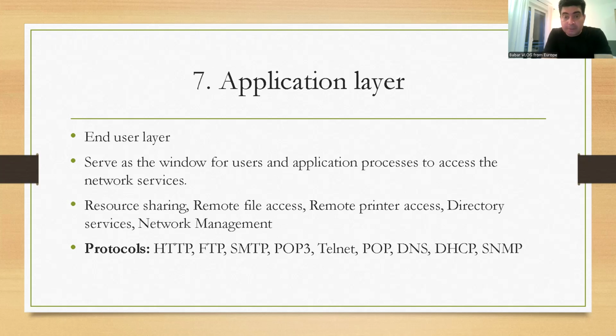POP is also for mail, and Telnet is also used, but it's not secure. Also DNS, domain name servers, DHCP, Dynamic Host Configuration Protocol, and SNMP, a monitoring tool. Monitoring tools like SolarWinds and Observium use SNMP to monitor the network.